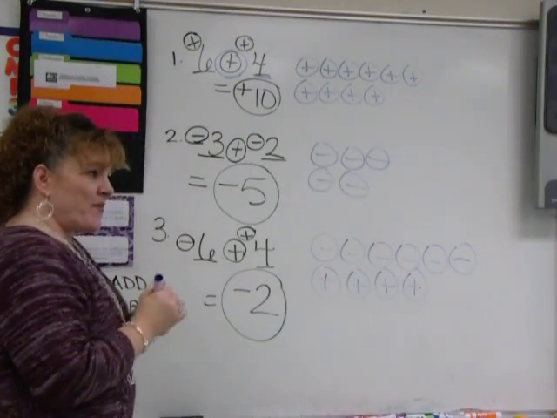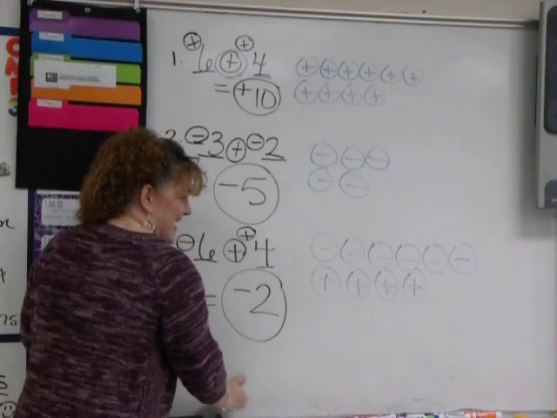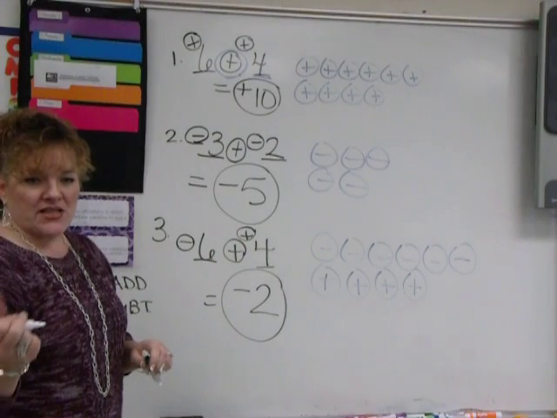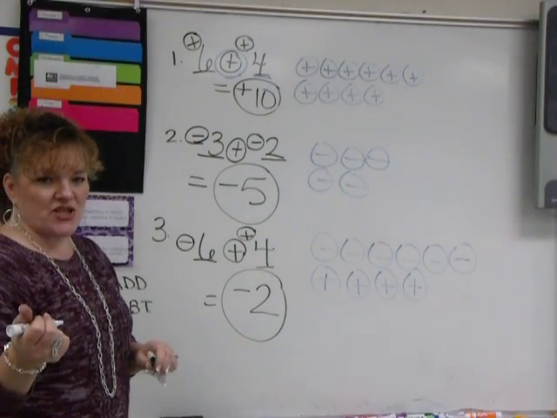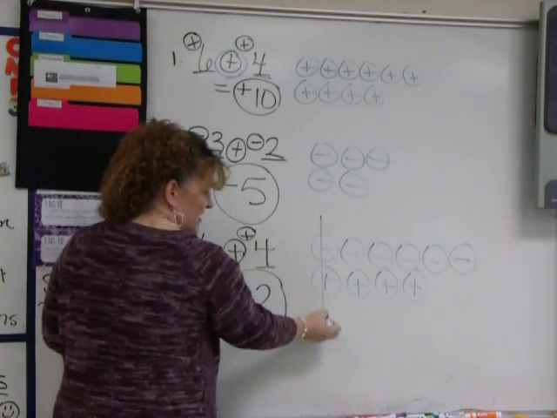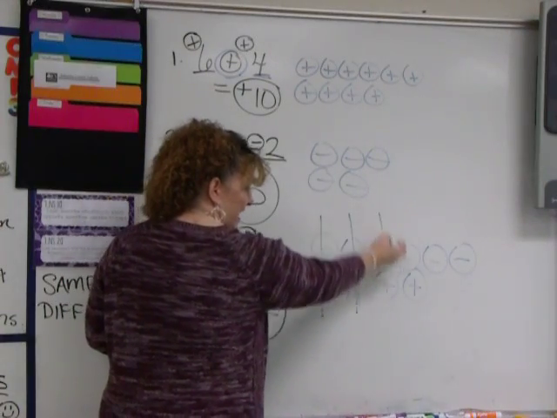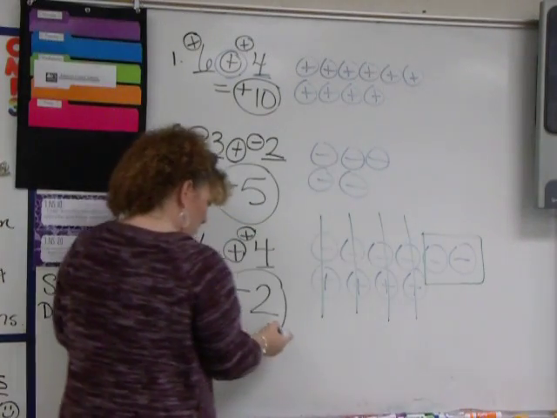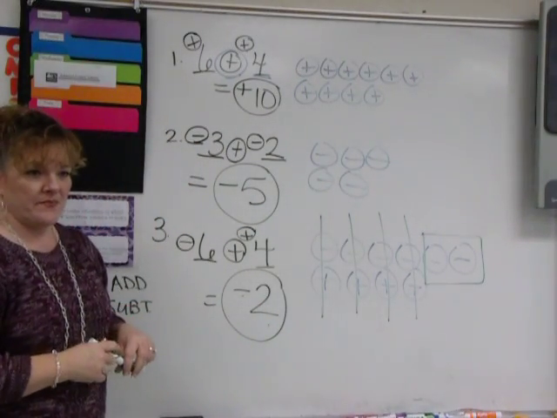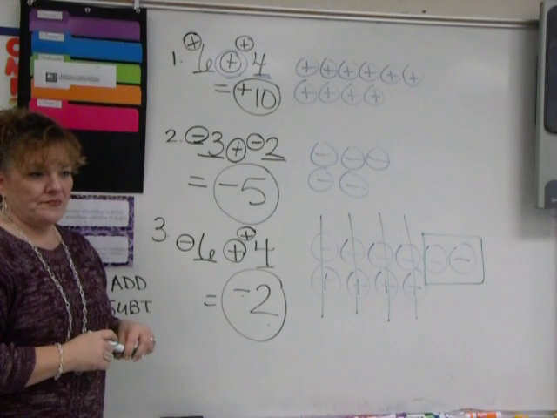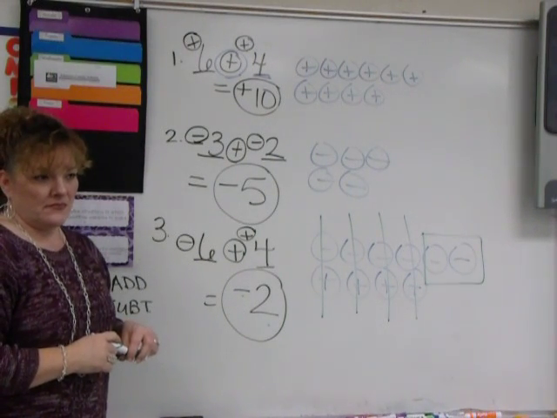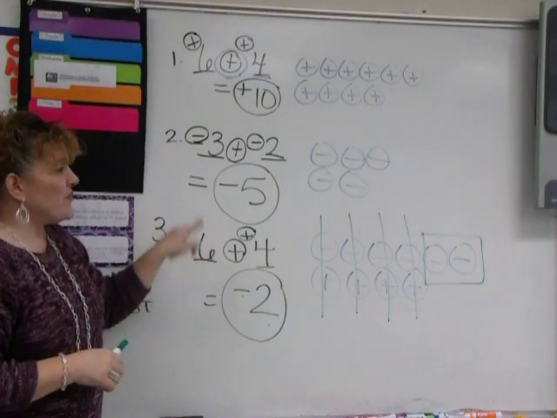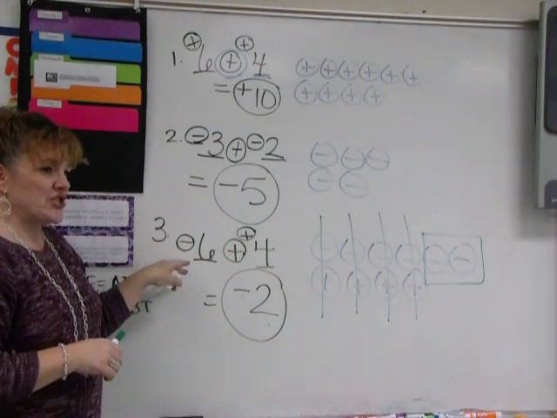When I added 4 positive chips, I created 4 zero pairs when I did that, because a positive and a negative cancel each other out. So this would go away, this would go away, this would, and this would, and all that I'm left with is 2 negative chips. So that's how you would use the CHIP model in addition.